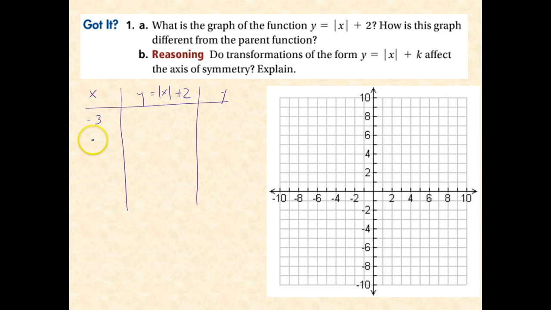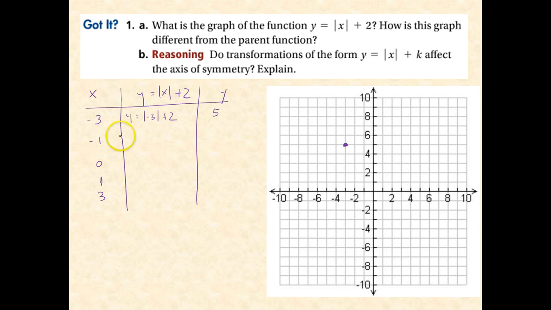So we got -3, -1, 0, 1, and 3. So then we would get y equals the absolute value of -3 plus 2. Absolute value of -3 is 3, and 3 plus 2 is 5. So here's our point, -3, 5.